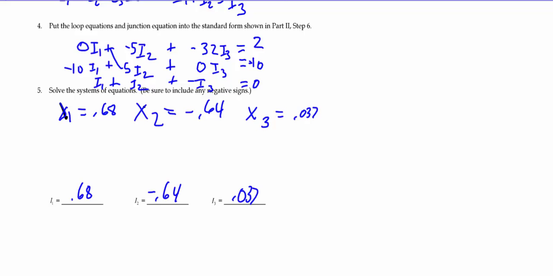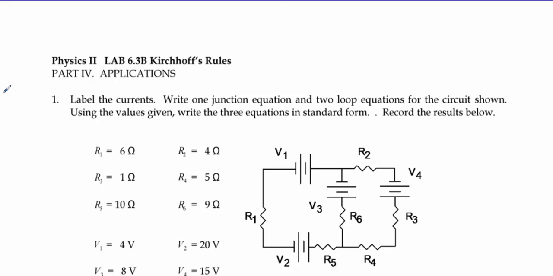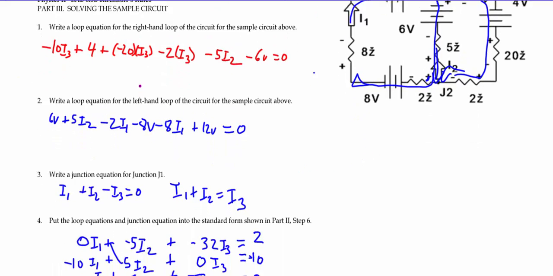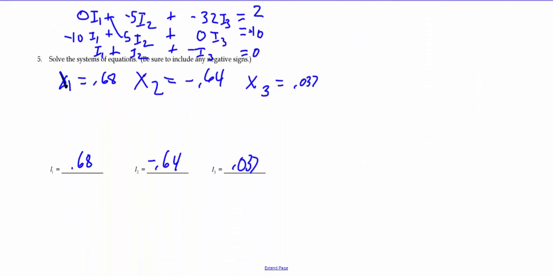And so the way we deal with this is we can actually say this current that we chose here is actually running the other way. So we have current going this way around this loop, this way around this loop. Okay, and so we have just solved for the current through each one of those things.